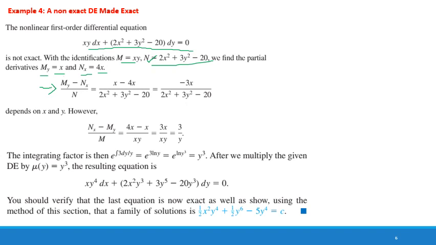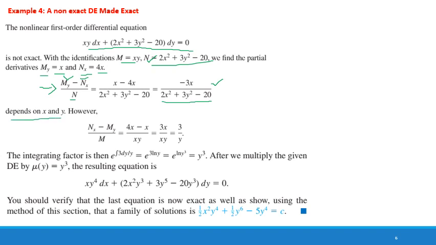So we will use this formula to convert the non-exact differential equation into an exact differential equation. So here we have m sub y minus n sub x divided by n. By putting the values, we will get this complicated answer. So we cannot use this answer to convert the non-exact differential equation into an exact one because it depends on both x and y.